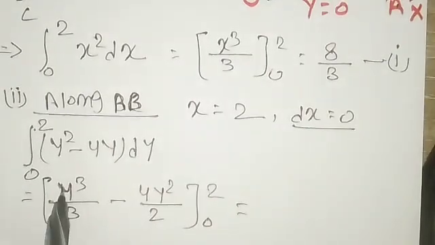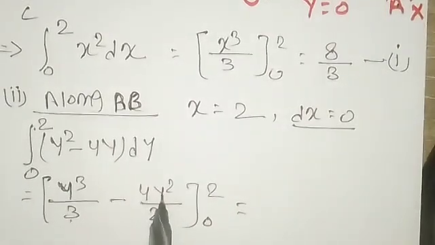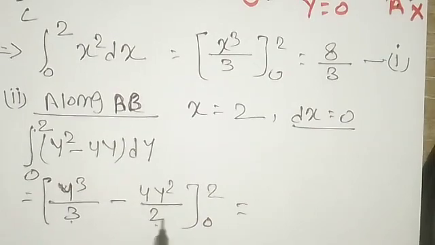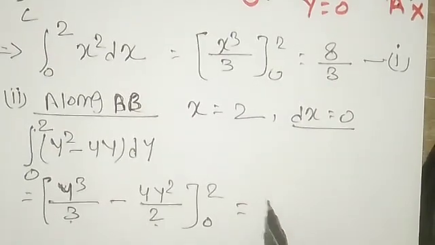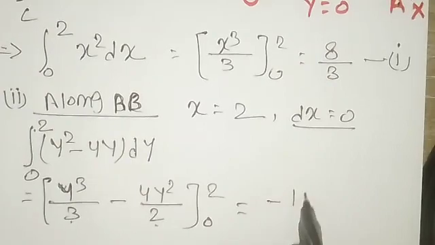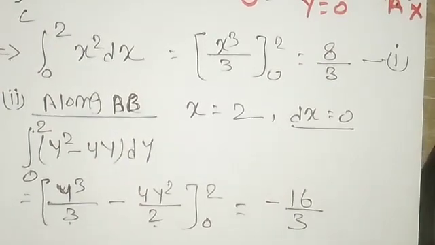So when you put in, that is 8 by 3, and this is 16 by 2 meaning 8, right? So it is 8 by 3 minus 8, which is 8 by 3 minus 24 by 3, so it is minus 16 by 3. This is the AB integral you got.